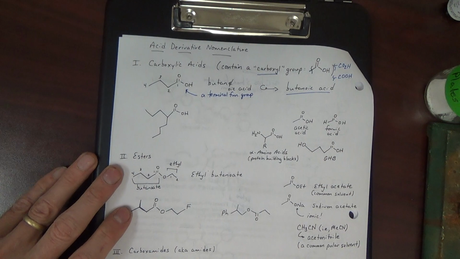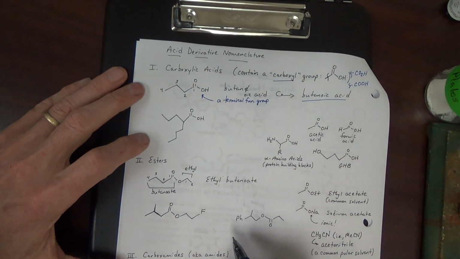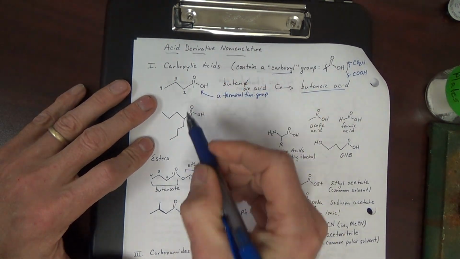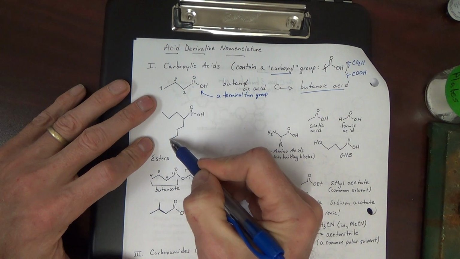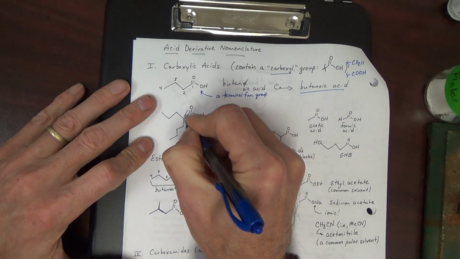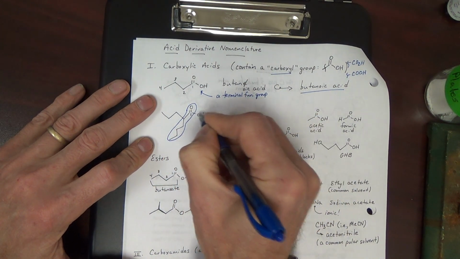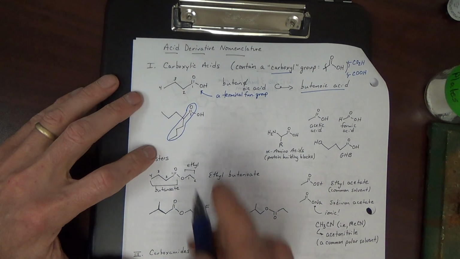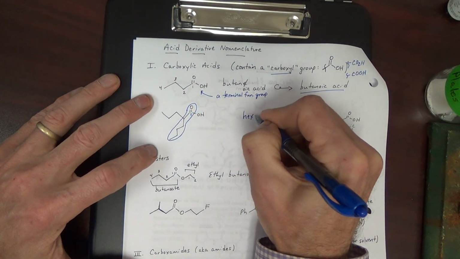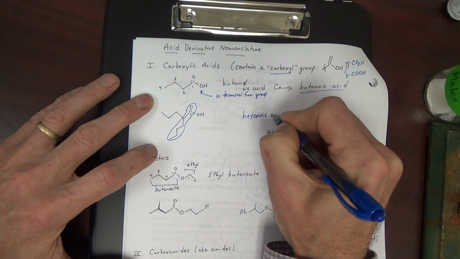Let's try another one here. Longest continuous chain. Well, this is always the 1 position. It's 1, 2, 3, 4, 5, 6, or 1, 2, 3, 4, 5. Well, it's 6 right through here. I could have included the OH in the carboxyl. 1, 2, 3, 4, 5, 6. So that is not hexane, but hexanoic acid.